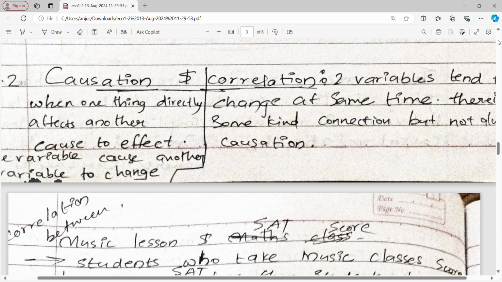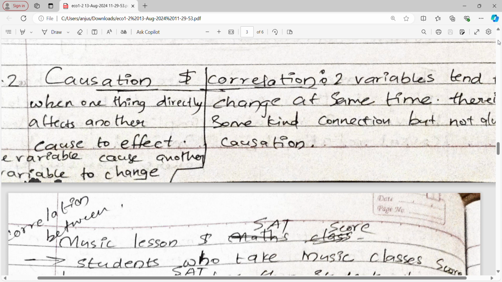When the heat in the stove top increases, or induction or anything, the temperature of the water also increases. Cause to effect.